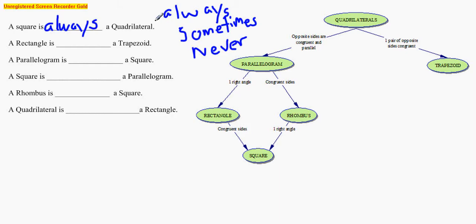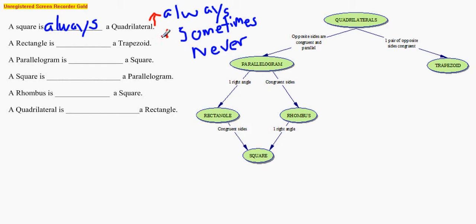Let me draw a little arrow here in a different color. If you have to go upward, it's always. If you have to go downward, we'll do an example in a second. Let's say a parallelogram is blank a rhombus. You have to go downward, then that's sometimes.